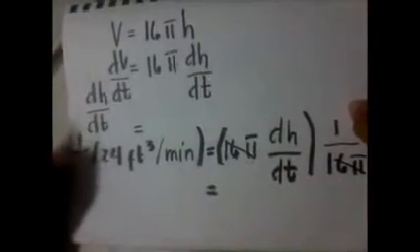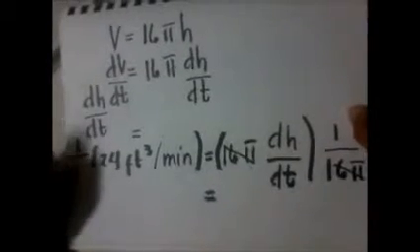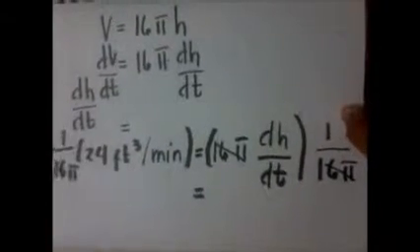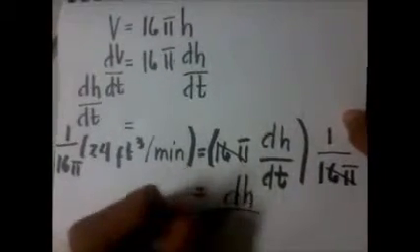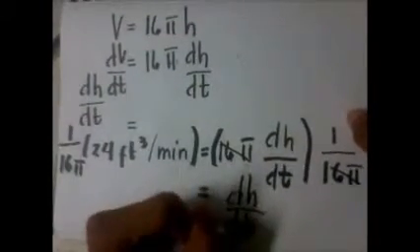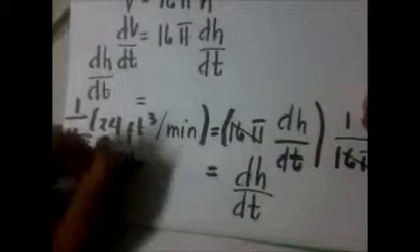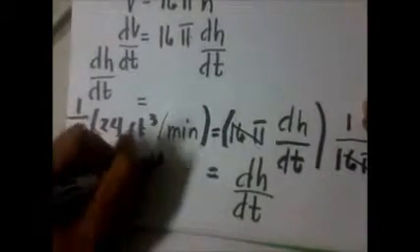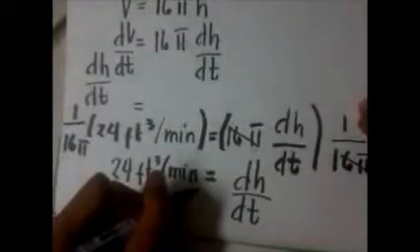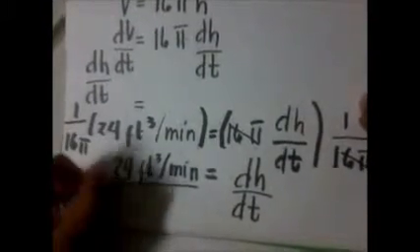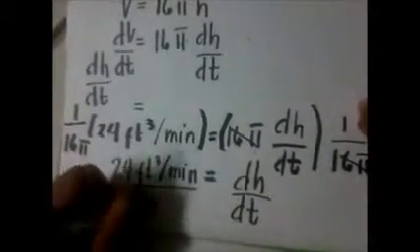On the left side we are left with dh/dt, and on the right we have 24 feet cubed per minute over 16 π.